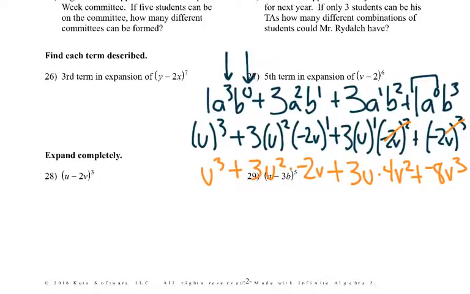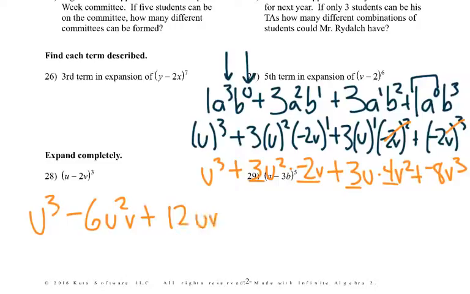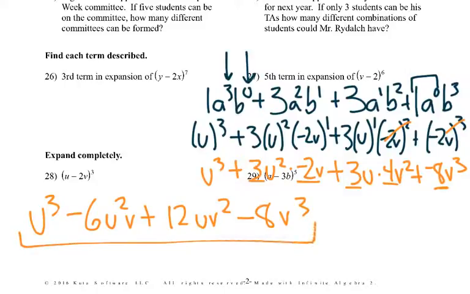Then we simplify and finish. U cubed plus 3 times negative 2 is negative 6. So let's just make that a minus 6u squared v plus 3 times 4 is 12u v squared. Then a negative 8, so minus 8v cubed. And that is my polynomial expanded completely.